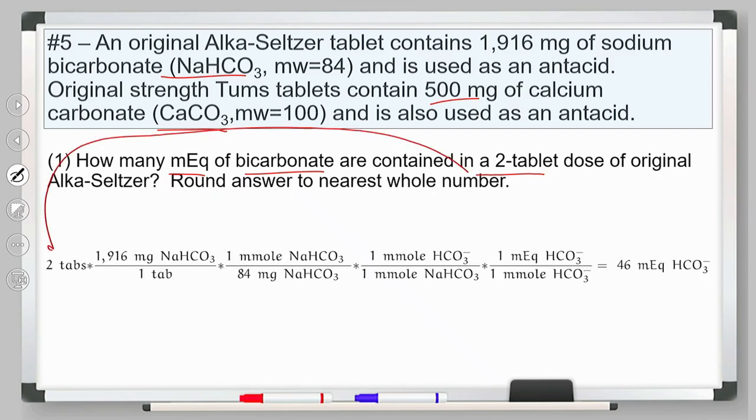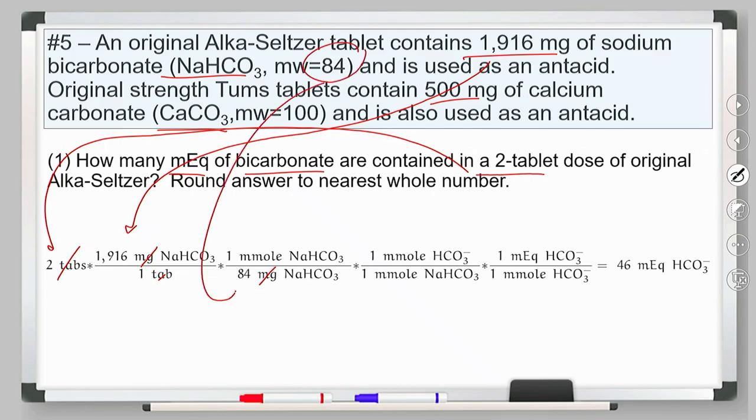2 tablets. Each tablet has 1,916 milligrams of sodium bicarbonate. So if I just multiply that, I will get my total weight in milligrams of sodium bicarbonate. But remember, I want milliequivalents of just bicarbonate. So let's convert from the weight of the sodium bicarbonate to the number of molecules by dividing by its molecular weight. Make sure you know where all these numbers are coming from. Now I'm in molecules of sodium bicarbonate.